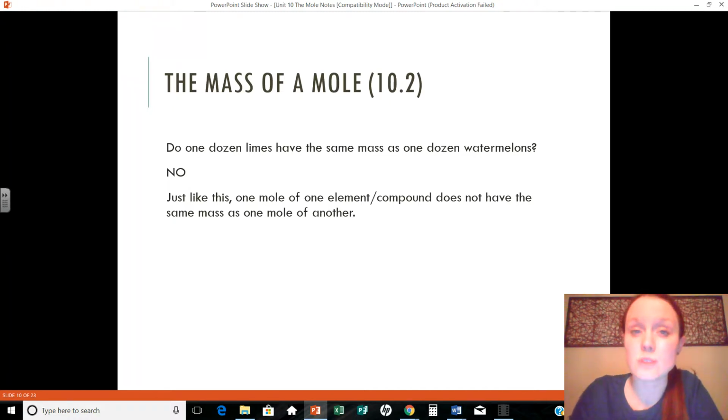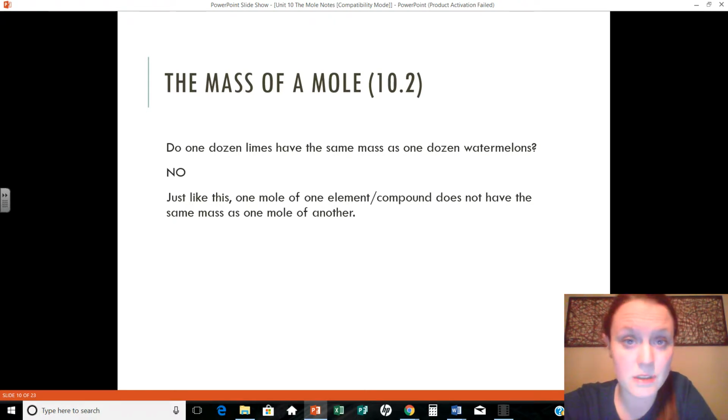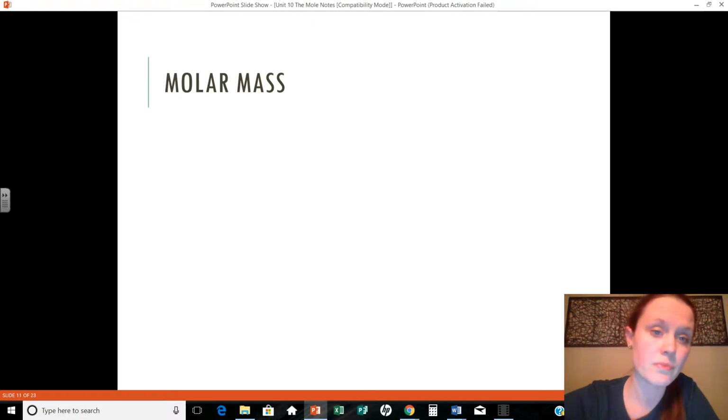It's a counting unit. So a mole is going to have a different mass depending upon what you have a mole of. So if I have 1 mole of hydrogen atoms, it's going to have a different mass than 1 mole of carbon atoms, just like a dozen limes has a different mass than a dozen watermelons.